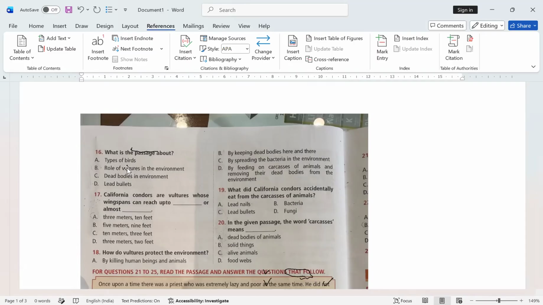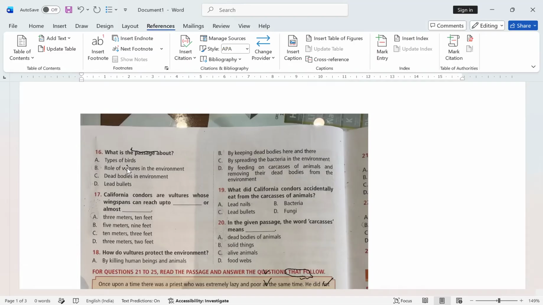California condors are vultures whose wingspans can reach up to dash or almost dash. A. 3 meters 10 feet. B. 5 meters 9 feet. C. 10 meters 3 feet. D. 3 meters 2 feet.